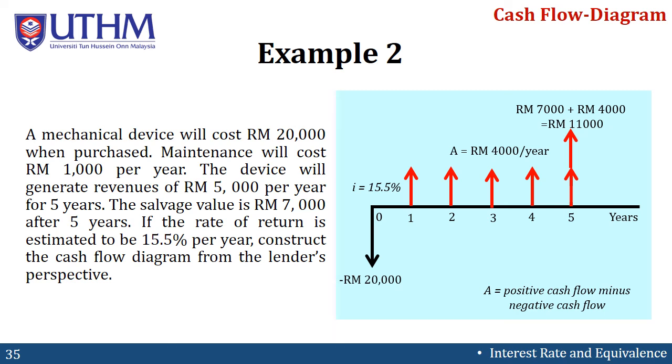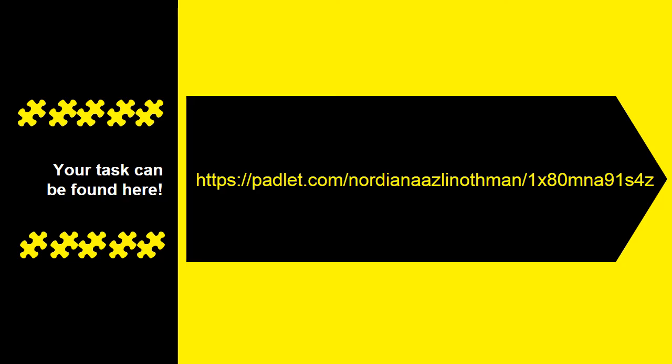So you add on at year 5 another 7,000. So the value of cash outflow is 11,000.